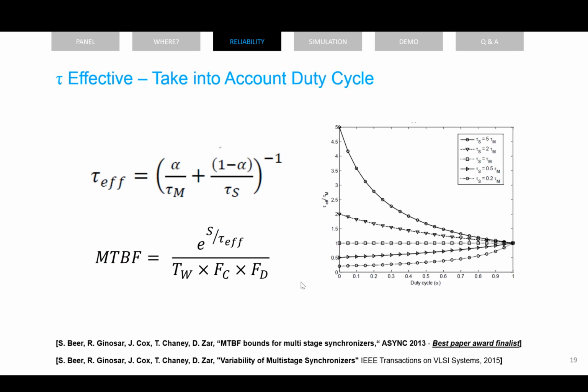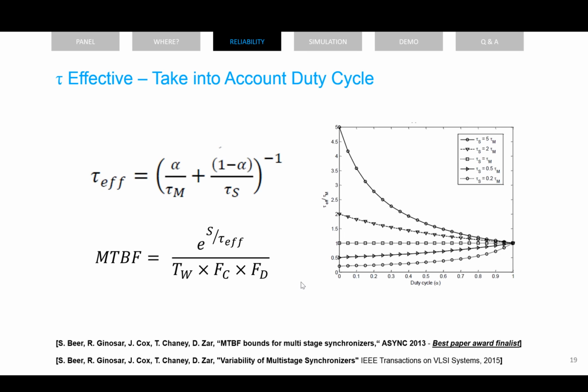That's for this case. And the last thing I want to talk about now is the importance of evaluating what we call tau effective.